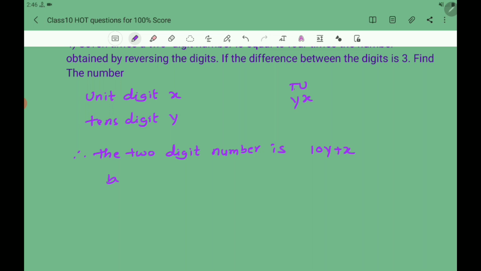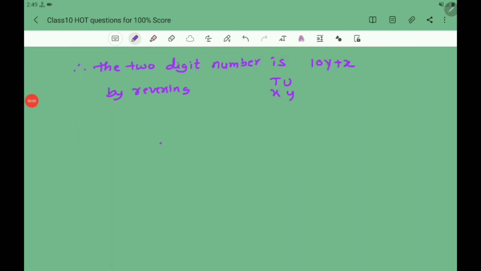Now by reversing, it becomes xy. The tens digit becomes x and the unit digit becomes y. By reversing, the number is 10x plus y.